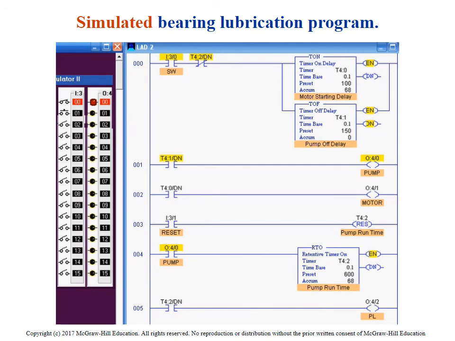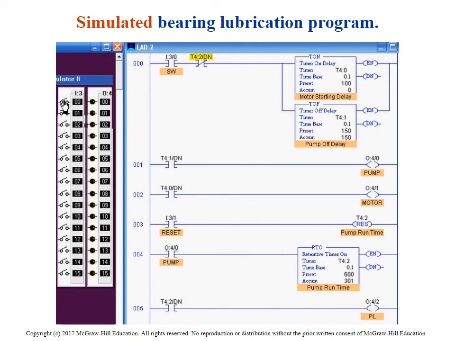Man, they put enough big numbers on these things for an application here, but we get the idea anyways. So we'll reach the timer on. Now we're going to hit the timer off. Now it reaches 150.